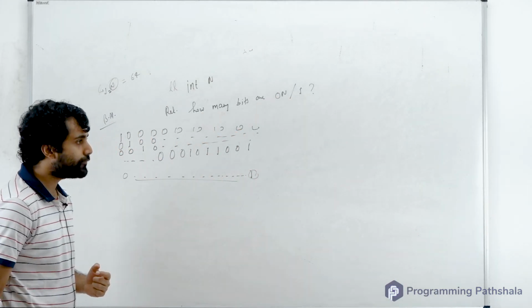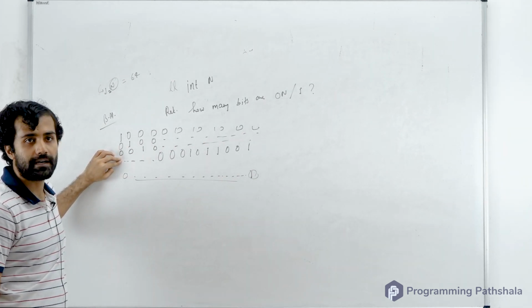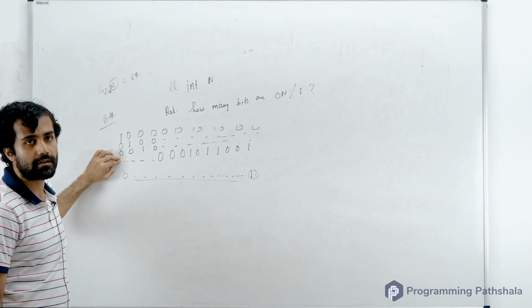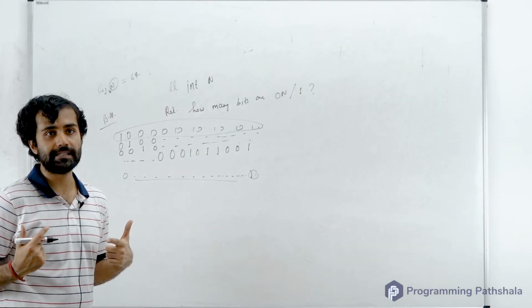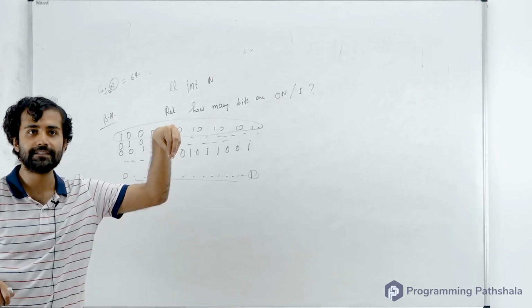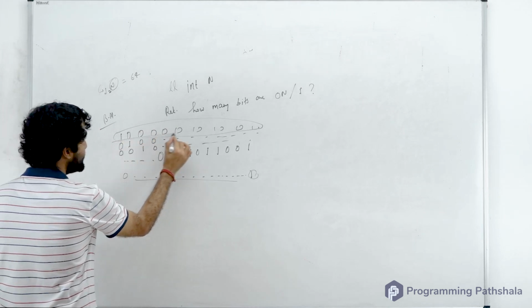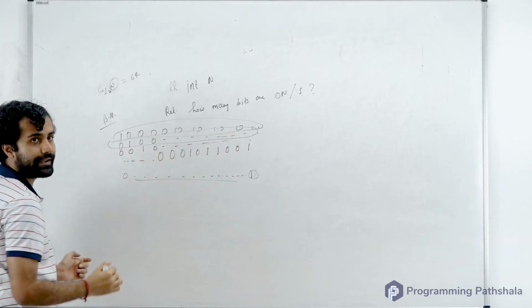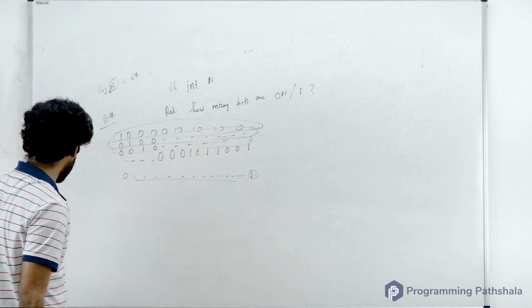So first you would want to check whether the 63rd bit is 1 or not. For that, you would want to take AND with this. But tell me, is that the only thing that you want to do? To check whether the 63rd bit is on or not? No. You want to check whether the 62nd bit is on or not. For that, you take AND with this, correct? And then with this. And so on and on, right?